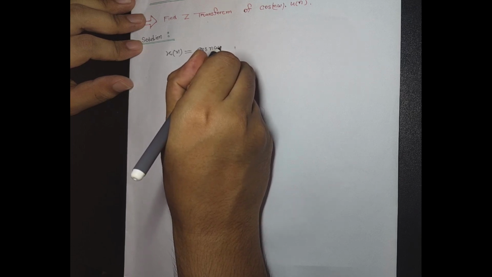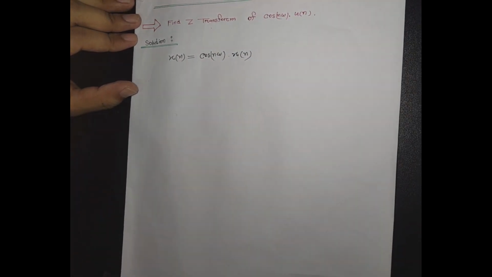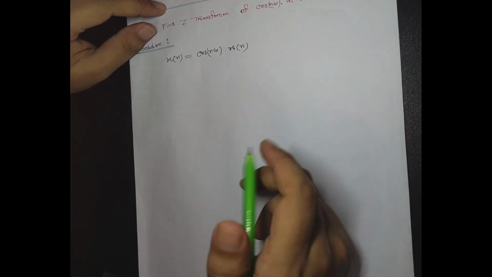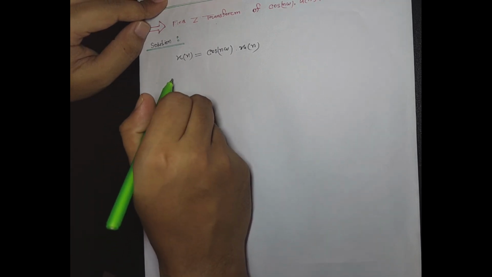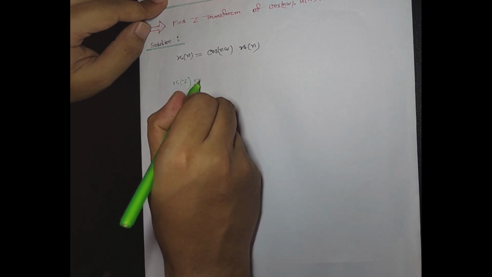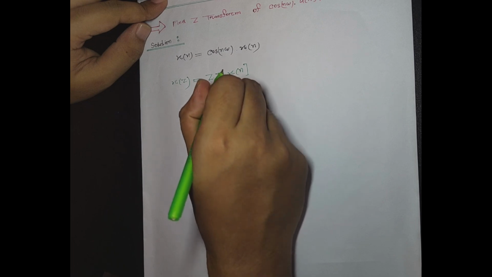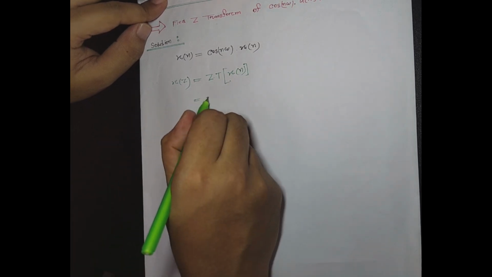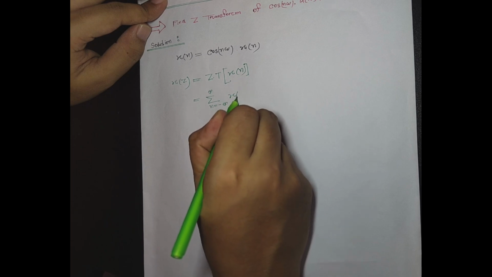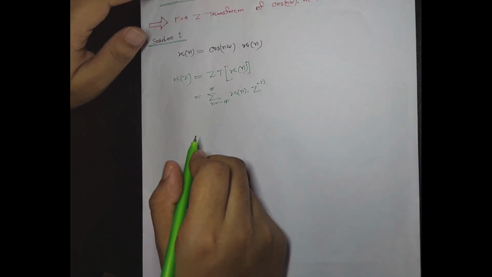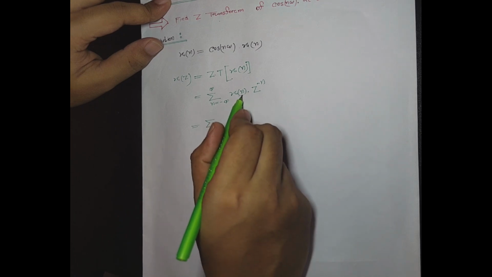cos(nω) u(n). And the Z transform of x(n) is X(z) equal to the Z transform of x(n), summation from minus infinity to plus infinity of x(n) z to the power minus n.